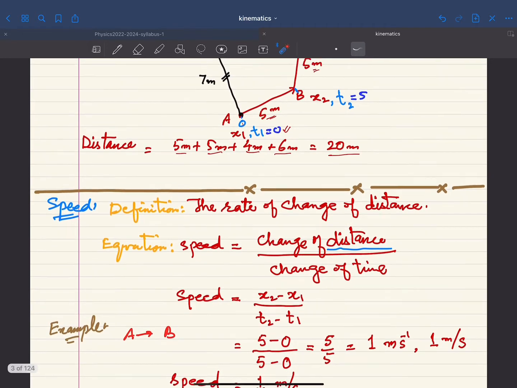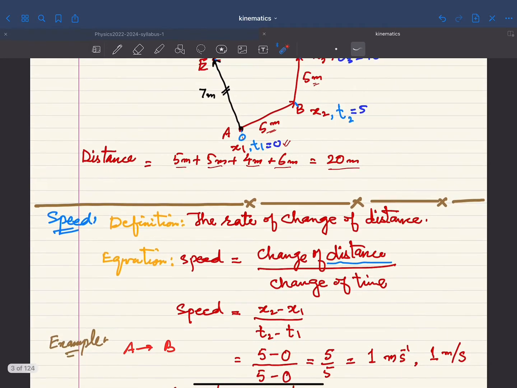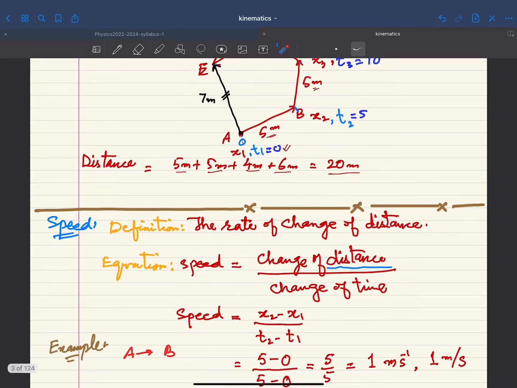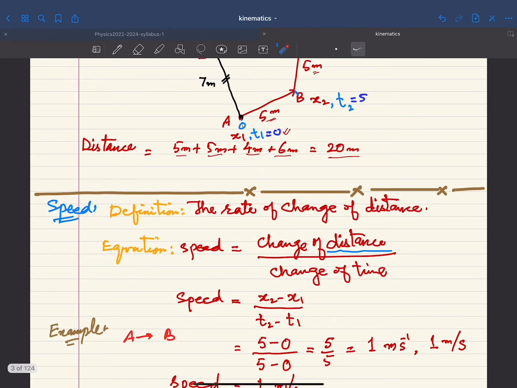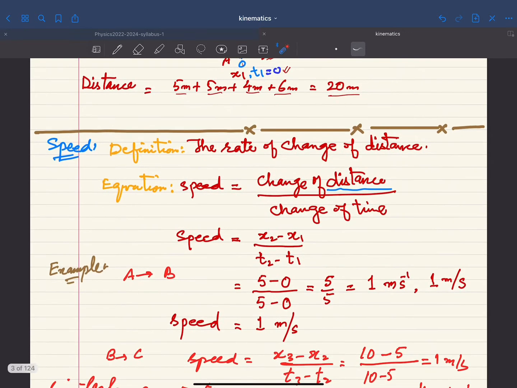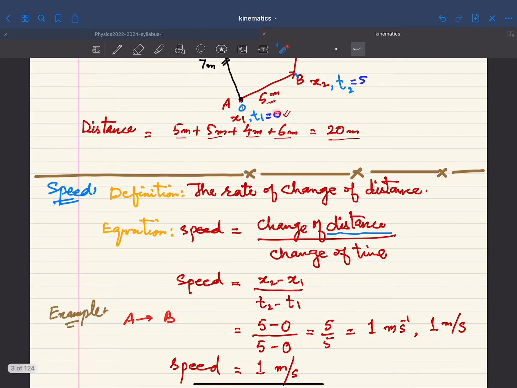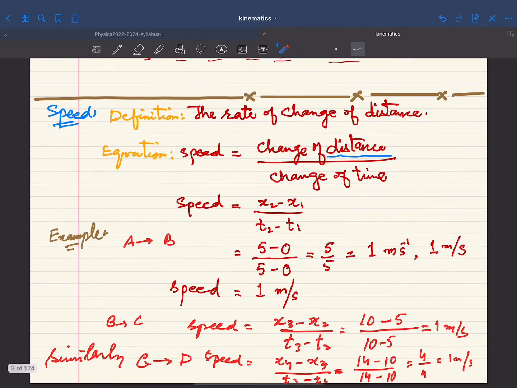Now in the example above, suppose you are going from A to B, so the distance covered is 5 meter. The initial distance is the origin, so x1 is equal to 0, and the time was 0. Now 5 meter distance has been covered, so from A to B, x2 is the distance covered.